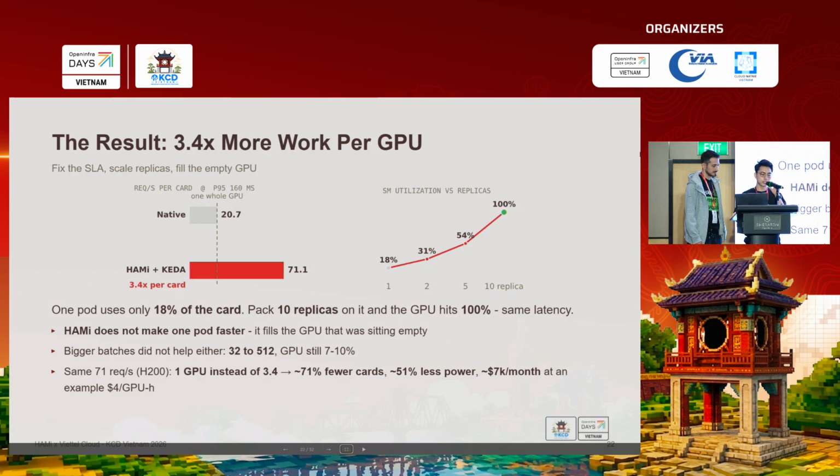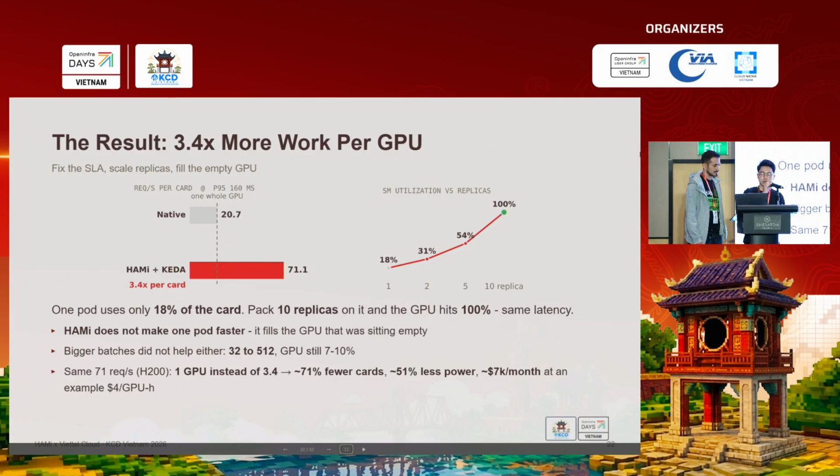But with HAMi, we use it with KEDA for autoscaling. Within the same GPU card, we can get more than 3 times the requests per second while keeping the SLA in milliseconds. Even when we try to push it, it only gets about almost 30 requests per second and cannot do more.